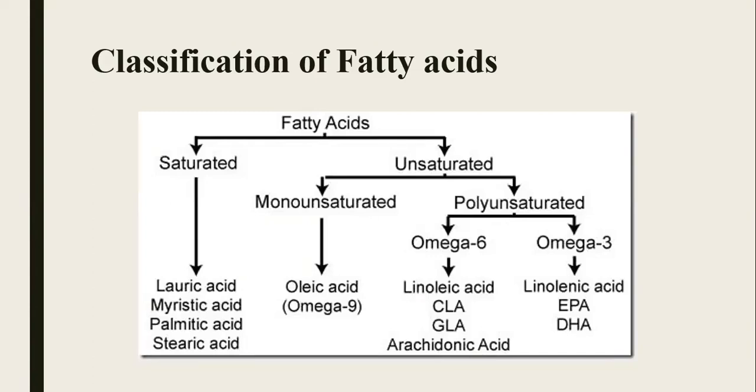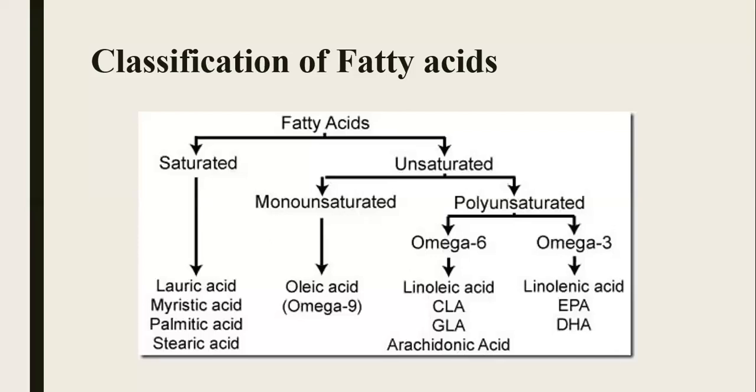Then the second group of the fatty acids is the unsaturated fatty acids. Unsaturated fatty acids are those fatty acids which contain a double bond in their structure, and they are divided into monounsaturated fatty acids and polyunsaturated fatty acids. Monounsaturated fatty acids are those which contain one double bond.